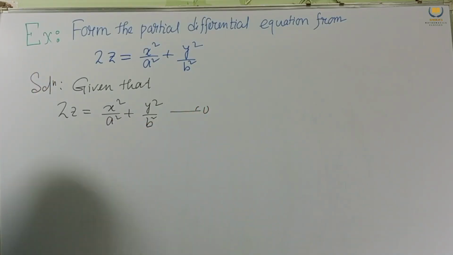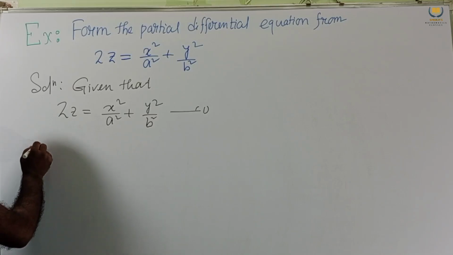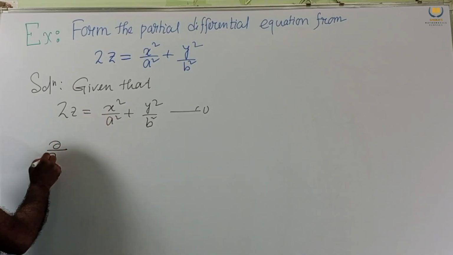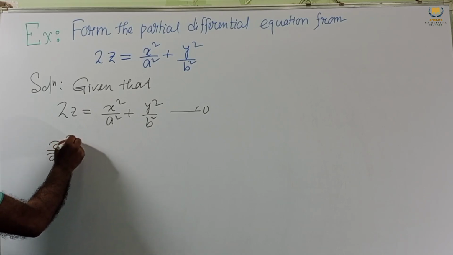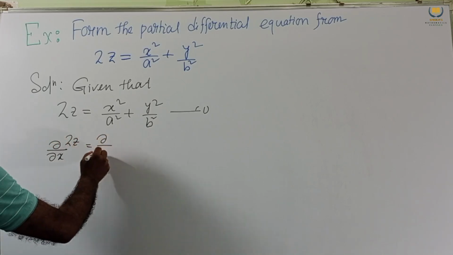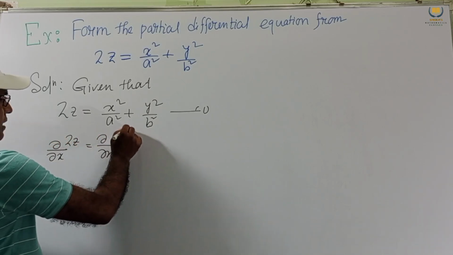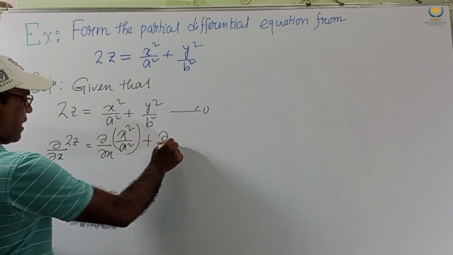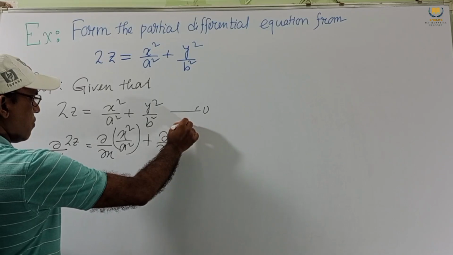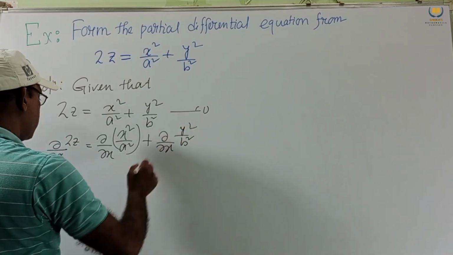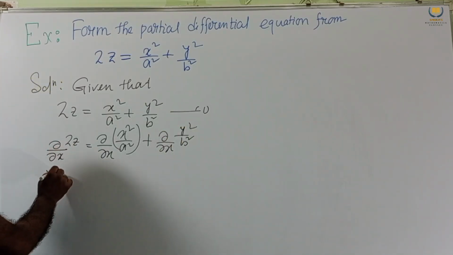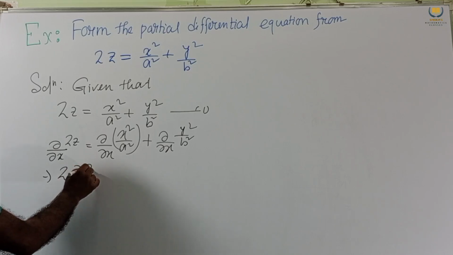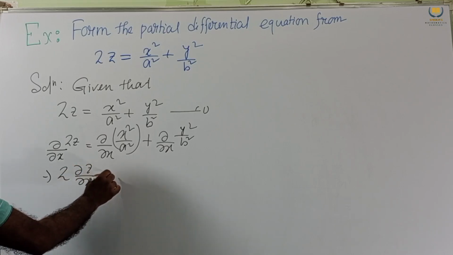Now differentiating both sides with respect to x partially, we get del x of 2z equals del x of x square by a square plus del x of y square by b square. 2 is constant outside, del z by del x.